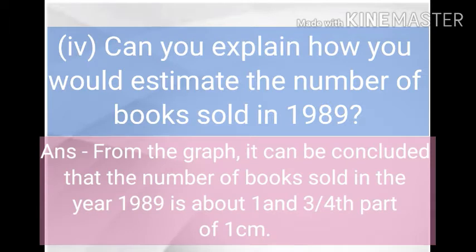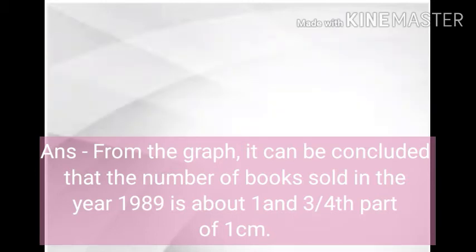Okay. Now, fourth, can you explain how you would estimate the number of books sold in 1989? From the graph, it can be concluded that the number of books sold in the year 1989 is about 1 and 3/4 part of 1 centimeter. So 1 centimeter is equal to 100 books.